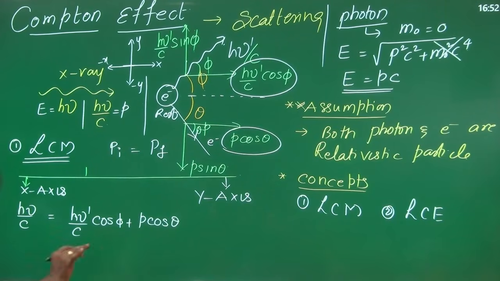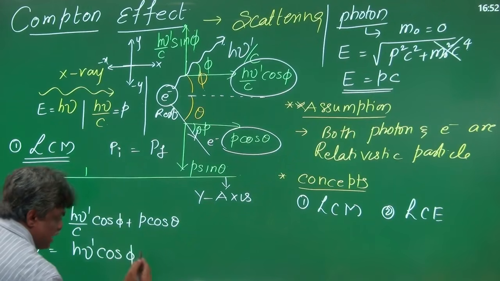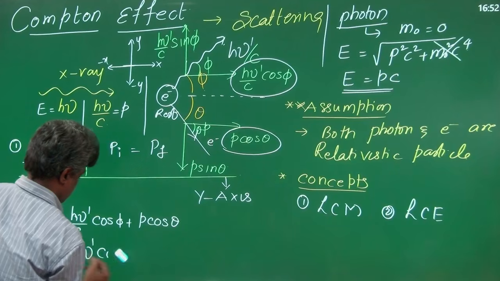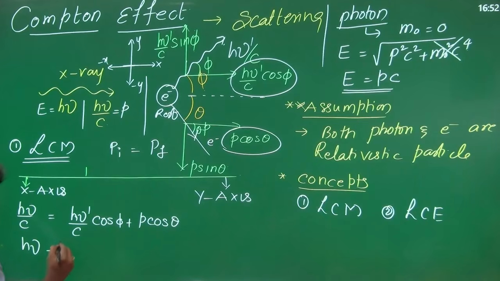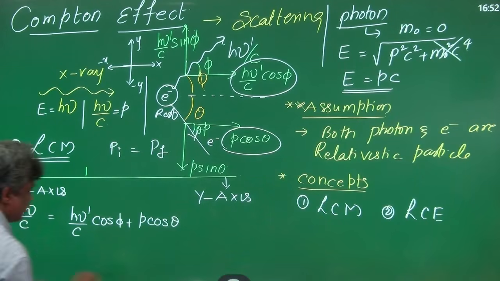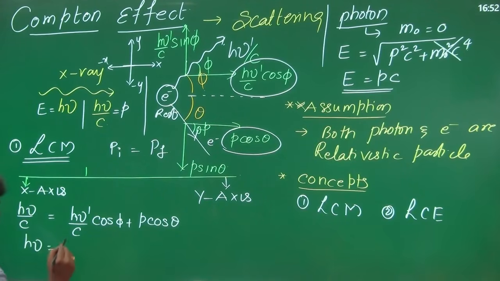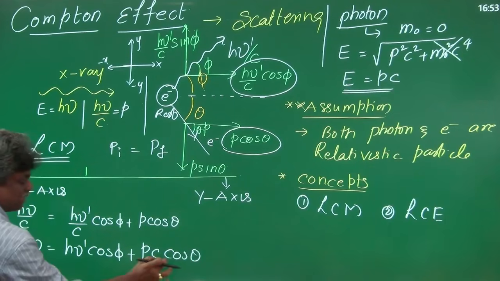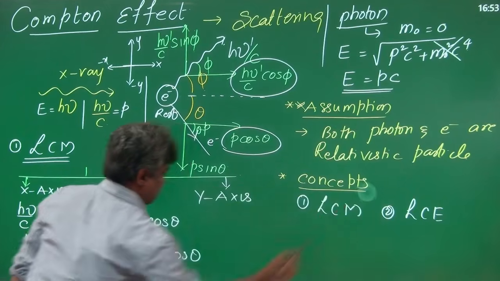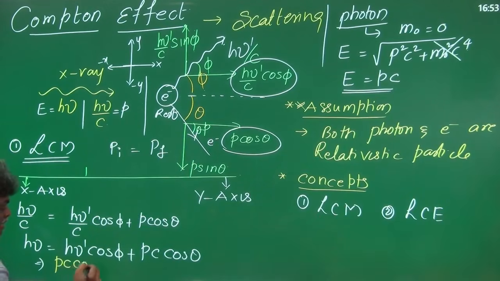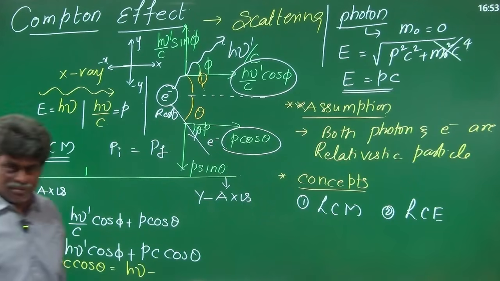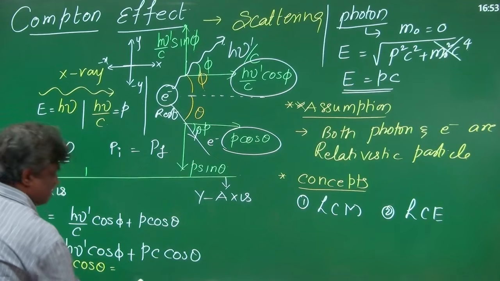So this c and this c cancel. Then h nu equal to h nu prime cos phi plus pc cos theta. Okay, leave it. Now from this I would like to find pc cos theta. So pc cos theta equal to h nu minus h nu prime cos phi. Please write it yourself.